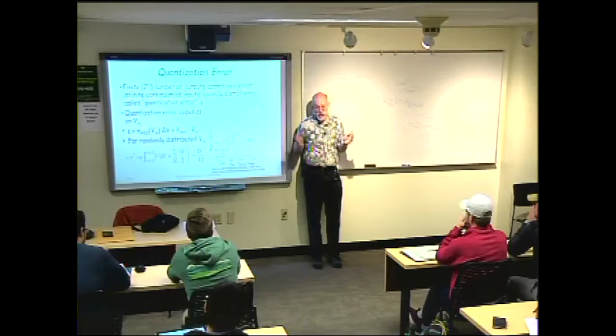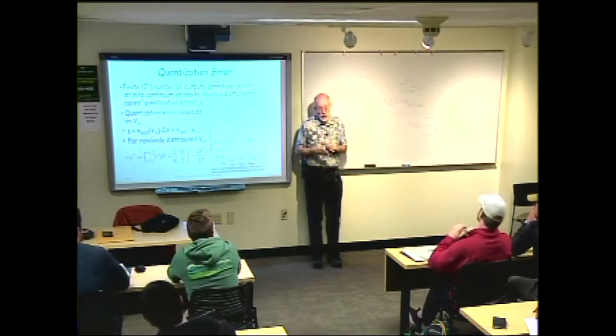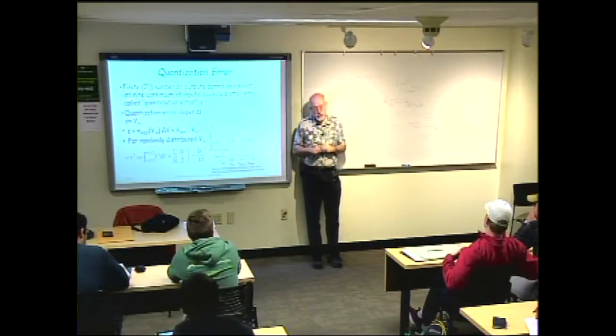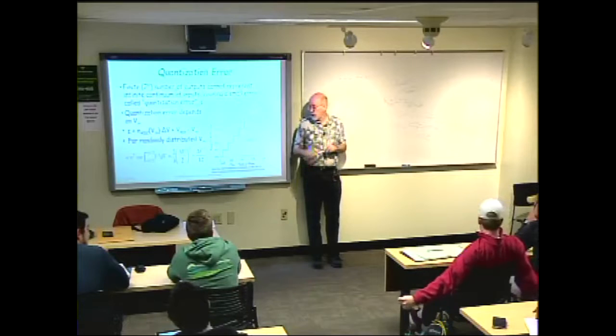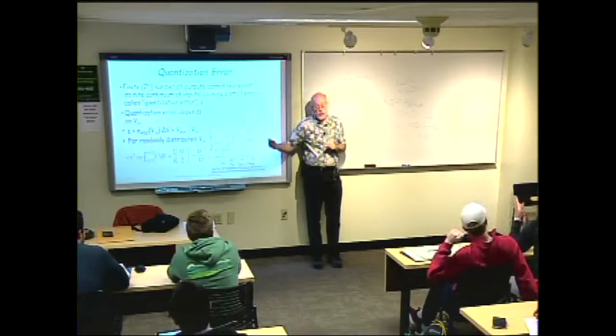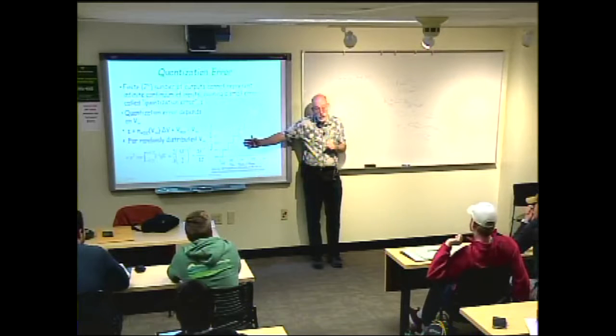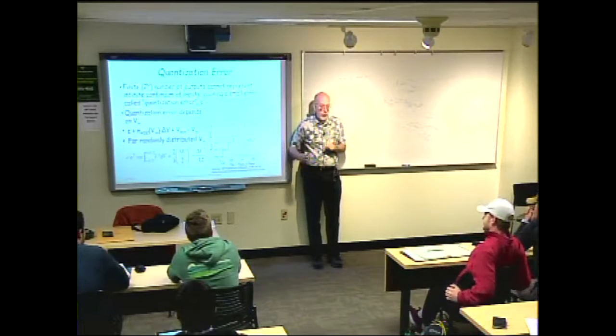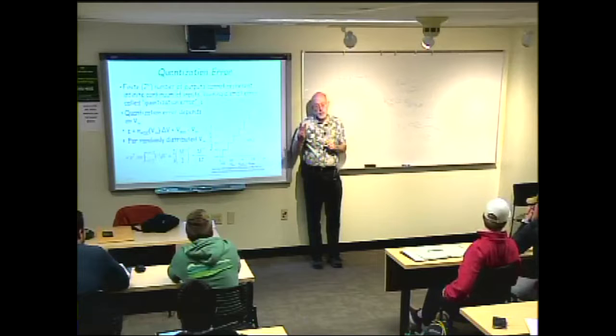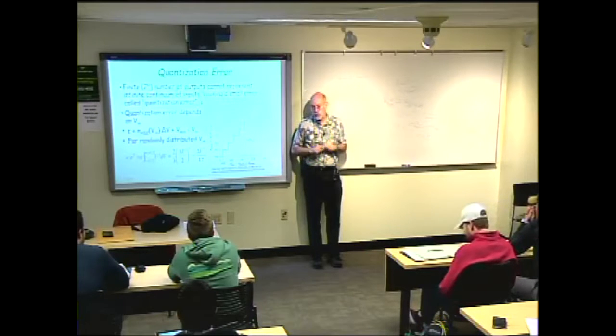Went down by a factor of 4, right? Because I added 2 more bits, I took delta V down by a factor of 4. And so if I decrease delta V by a factor of 4, I decrease delta V cubed by a factor of 64. So adding 2 bits to an analog to digital converter will actually reduce the noise level down by a factor of 64.